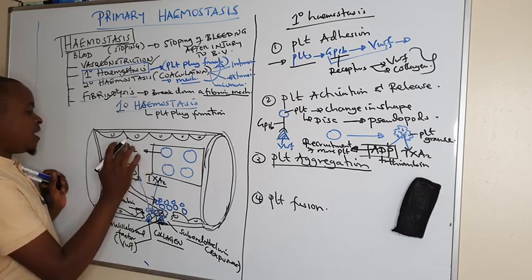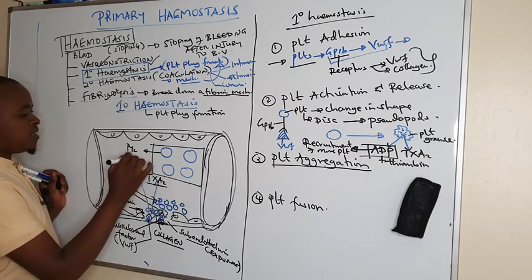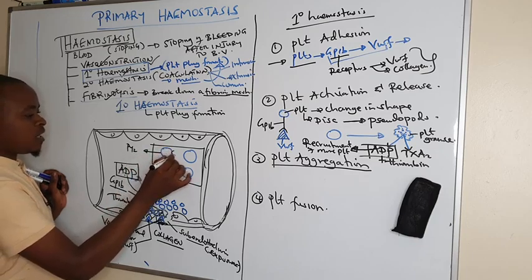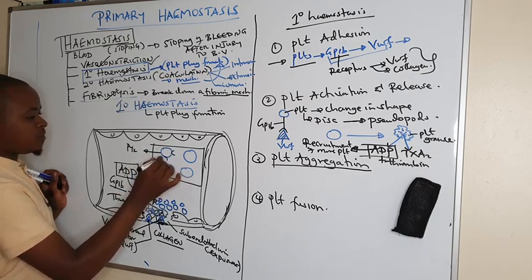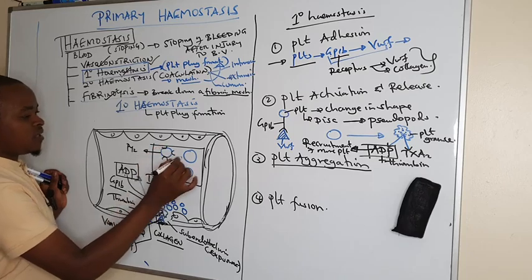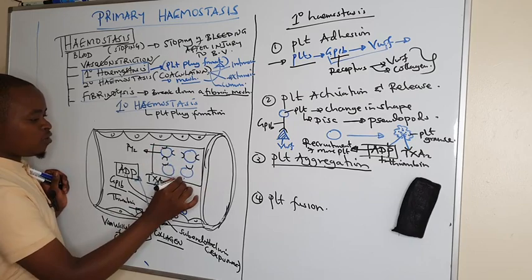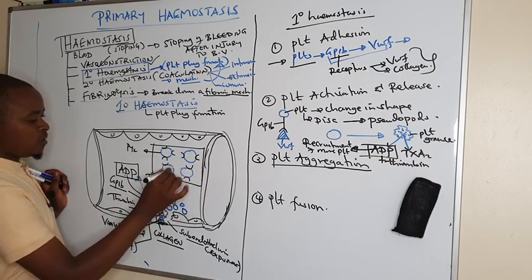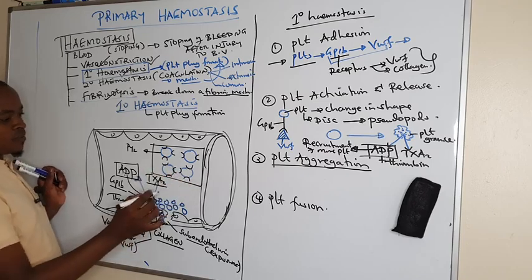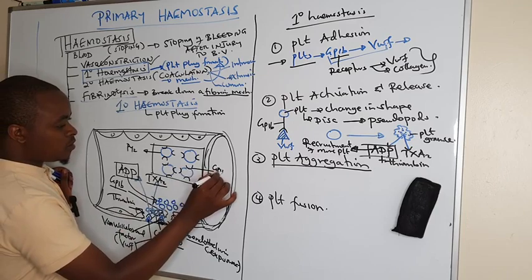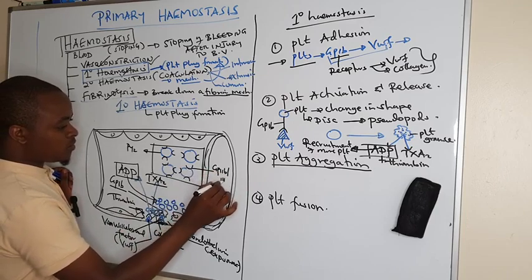So after attaching on these receptors, this ADP is going to cause these platelets to expose their receptors on the surface. And these receptors are known as glycoprotein 2B/3A.